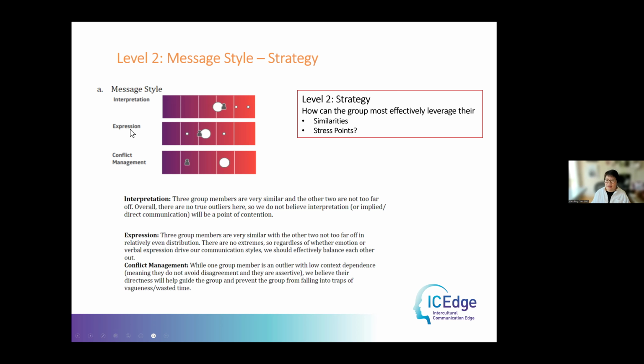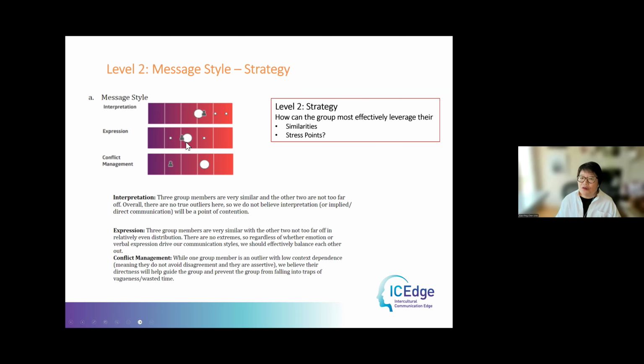So as you can see, in terms of message style, interpretation, mostly they are on the high context direction. But this big bubble, I think the 2 members plus 1, they are less high context than the other 2. Okay, some variance there. And in terms of expression, as you can see, the big bubble and 1 person, 3 people are in the middle. That means when they communicate, they use a middle range of facial expression, body language.